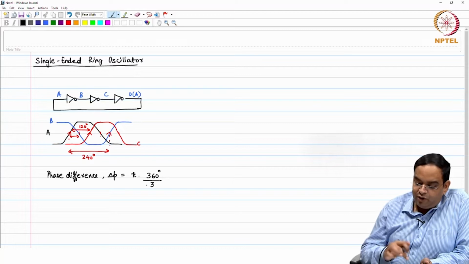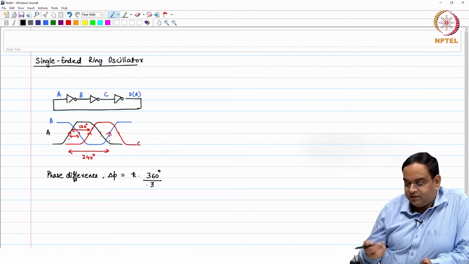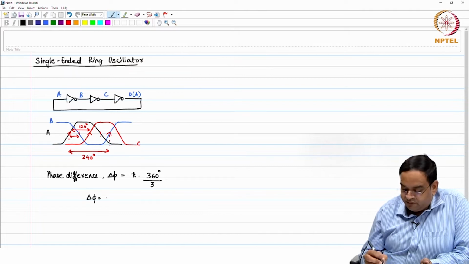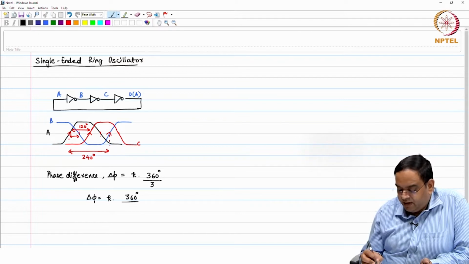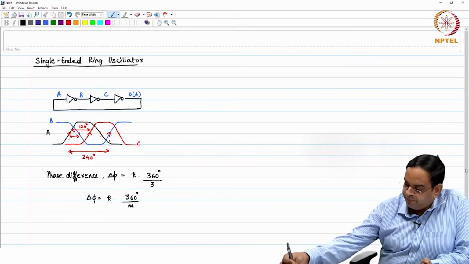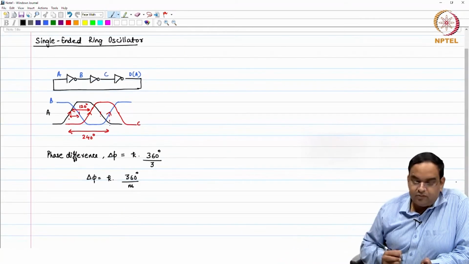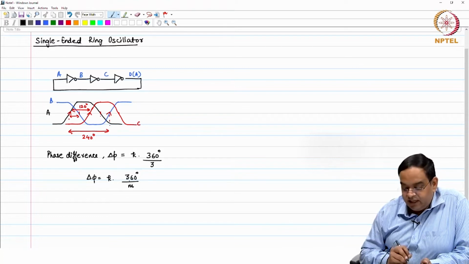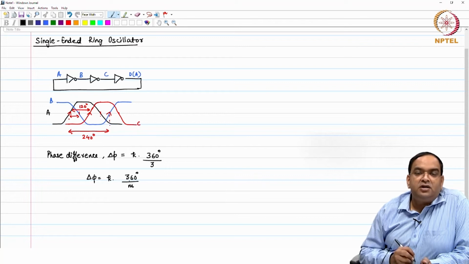So, if you are going to use an odd number of inverters, you will have the phase difference between the rising edges as 360 degree by m, where m is the number of inverters which you are going to use. Now, why is it a problem? Well, as such this is not a problem at all, but sometimes you do not need this phase of 120 degree, but you need phases like 90 degree, 270.